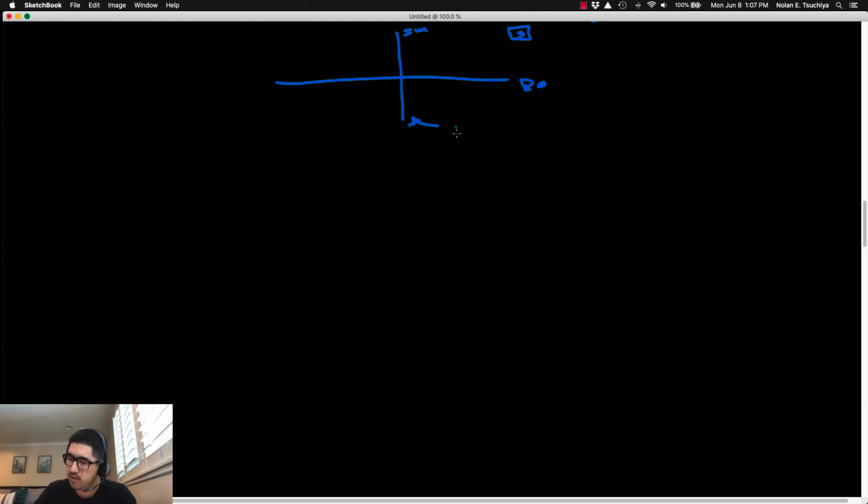The imaginary axis is often referred to as the j omega axis because omega is the imaginary component of the pole, so j omega. Everything over here is called the left half plane, LHP. So everything to the left of the imaginary axis we refer to as the left half plane. Everything to the right of the imaginary axis we refer to as the right half plane.